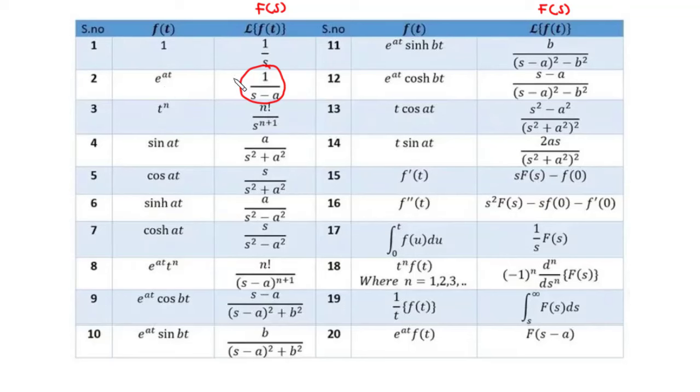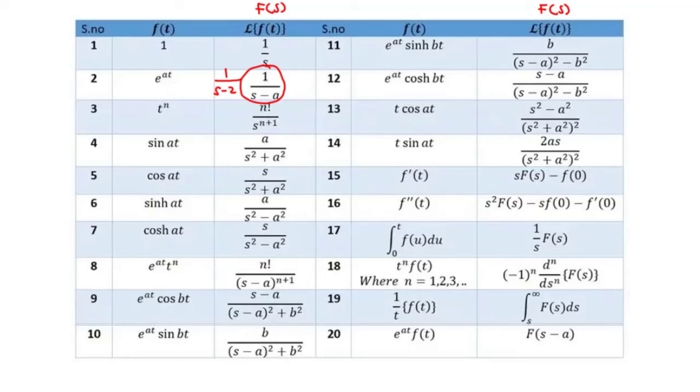For instance, assuming you are given the Laplace transform having the expression 1 over s minus 2. Since you know that the Laplace transform of the form 1 over s minus a is produced by a function of the form e to the power at, then it becomes really easy to find the original function.